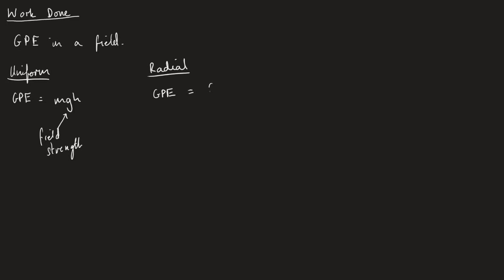And we know we define g to be GM over r squared, but now we're going to times it by the mass, m, and then we're going to times it by the distance, but in this case we're calling it r. So if I times by r up here, I'm just cancelling out those r's. So I end up with an expression that is the gravitational potential energy in a radial field is GMm over r.